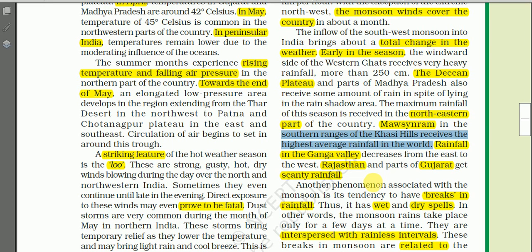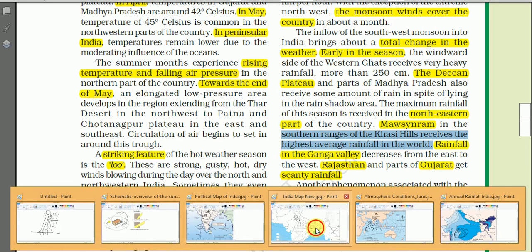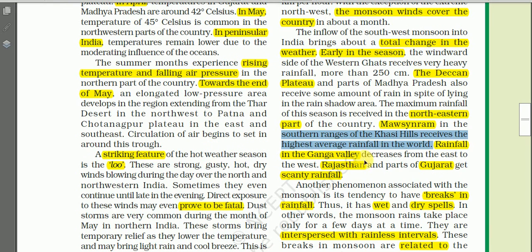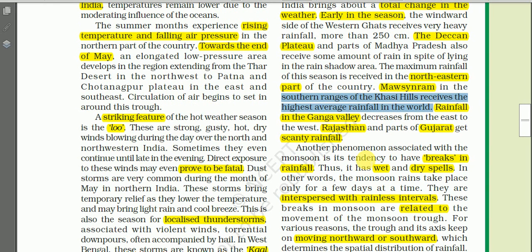You may see on this map, somewhere here, Mawsynram is in Meghalaya. So this area receives the highest amount of rainfall in the world, more than 1,100 centimeters in a year.